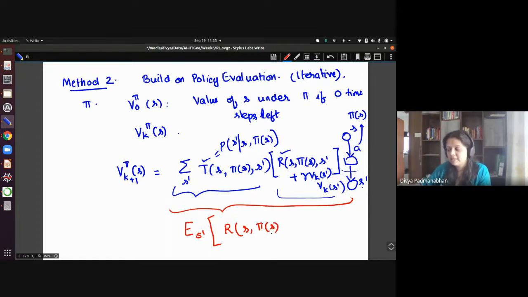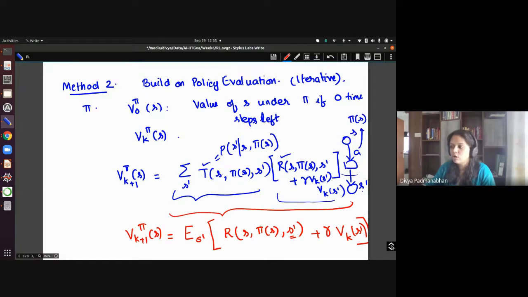But let's just put it inside the expectation, because it depends on this S dash. So in that sense, it's a random quantity: the one-time reward of going from S to S dash, plus gamma times Vk of S dash. So what you were trying to compute, Vk plus 1 of pi, is an expectation.